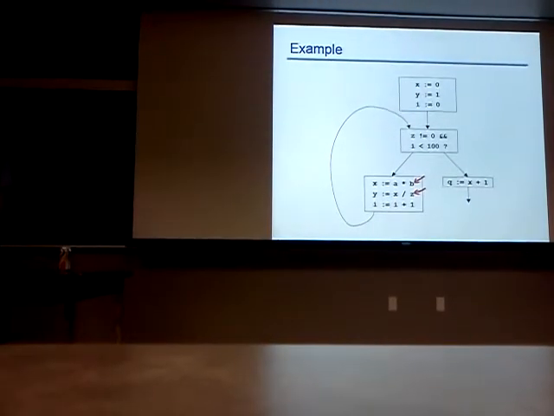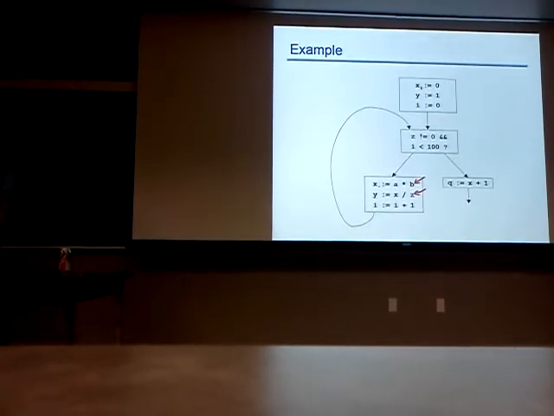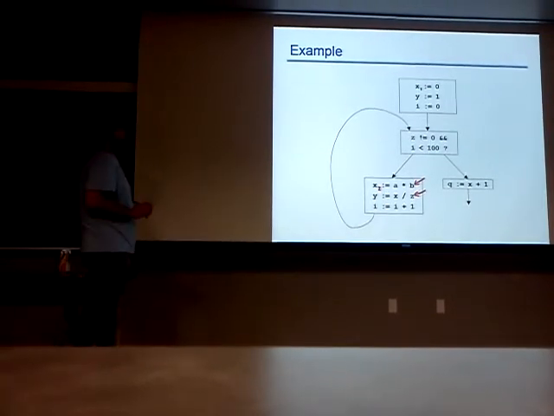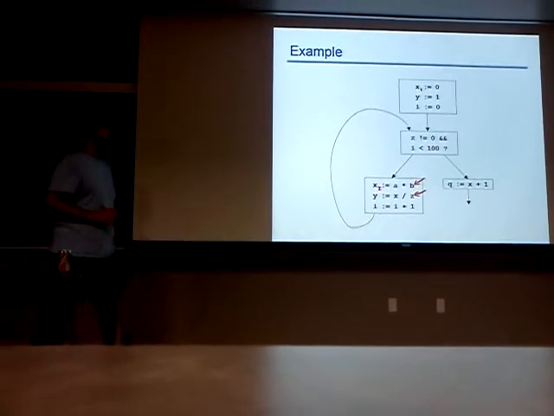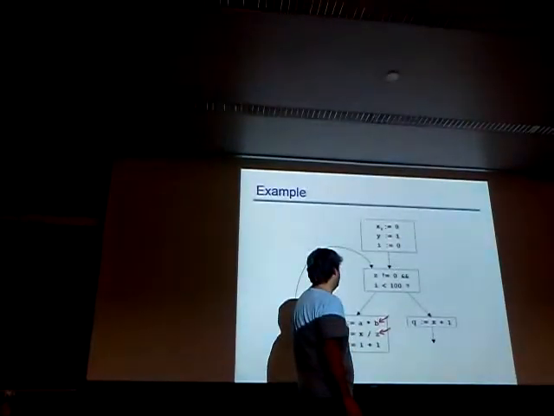Because in fact, X is not incremented inside the loop. So actually we'll get this will be X1, and this will be X2. And the Y would be X2 divided by Z. Right. And somehow, we have to insert the phi nodes.